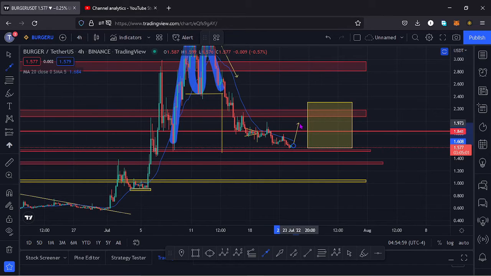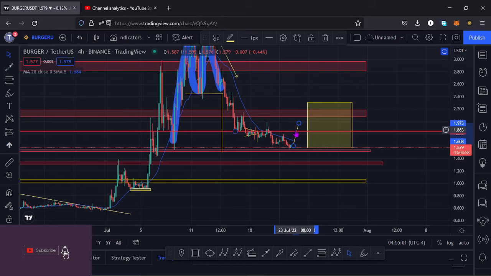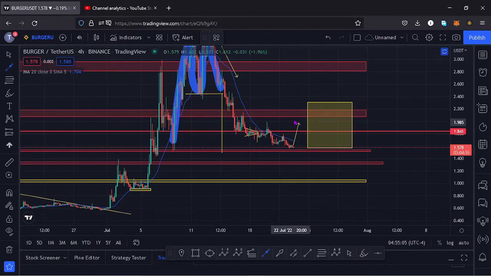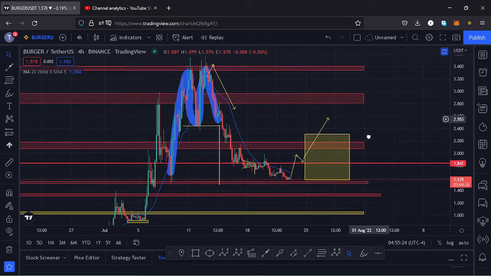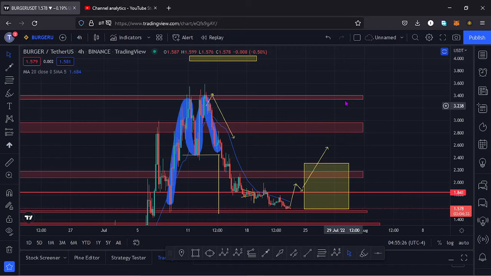And in that movement to the upper side, we might be able to break above that key area of resistance. Once we have a successful retest of that area of resistance at around the $1.84 mark, then we can continue pushing to the upper side and even break above this other key area of resistance at around the $2 mark. Once that happens, it's possible that we continue pushing to the upper side and even break above this high and maybe go back to around the $4 mark.